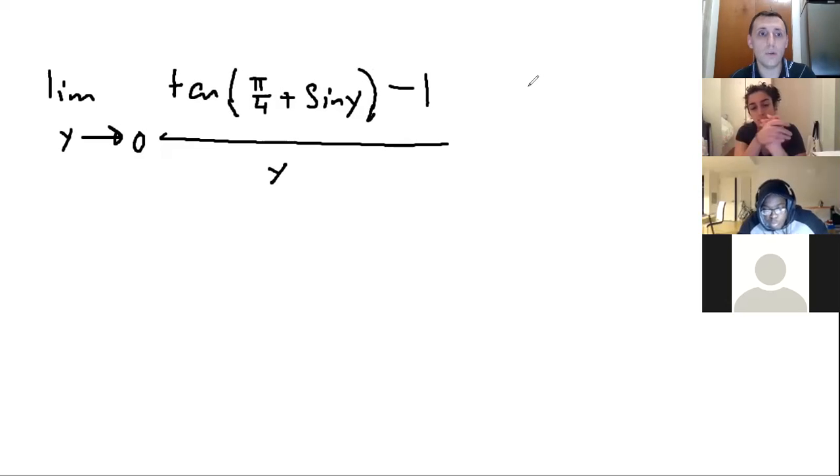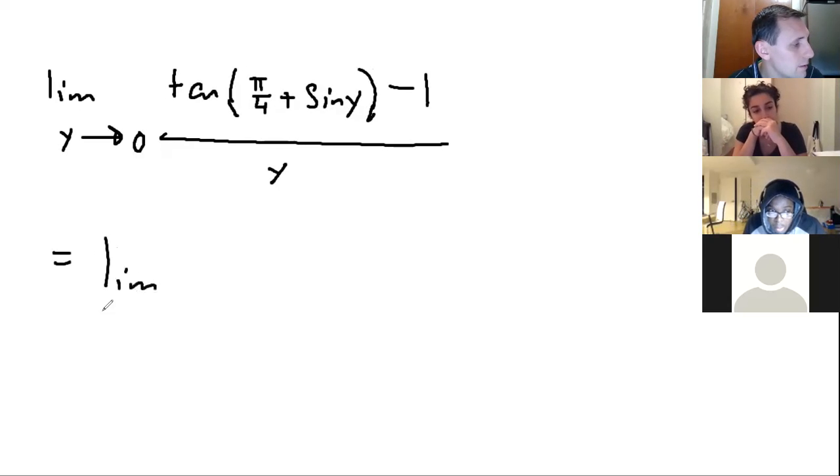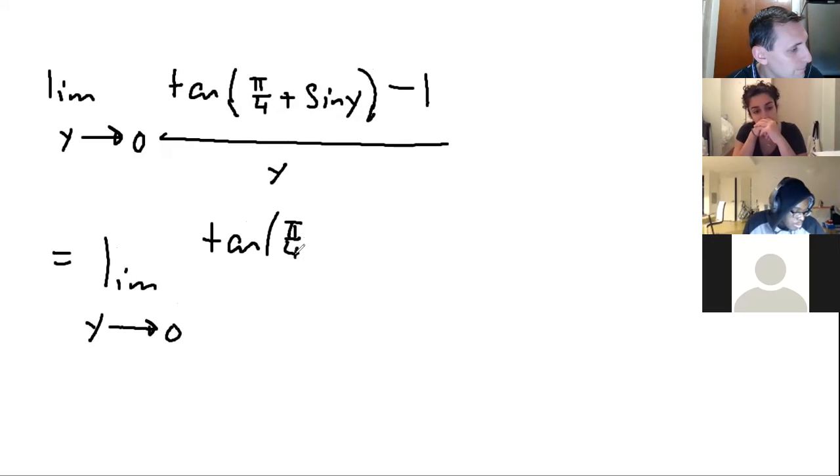When y goes to 0, sine of y is the same as y. Do you agree? Sine of y is the same as y. I can do it, if you don't believe me, in 2 ways. So I see this limit. You see, I can drop the sine because it doesn't do anything there.